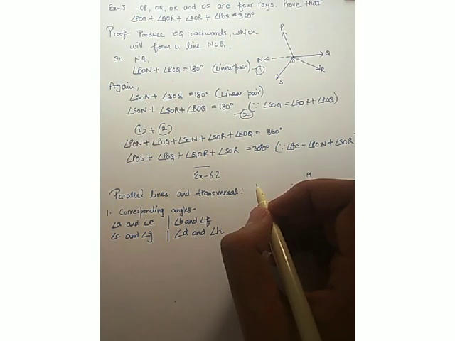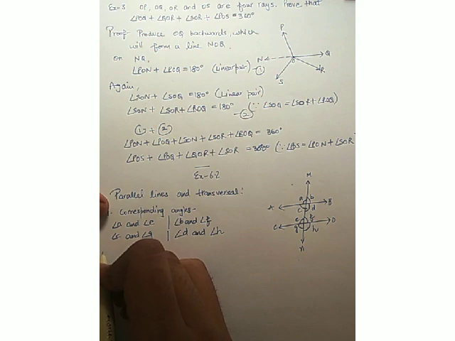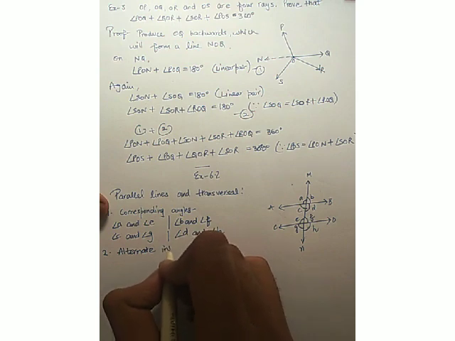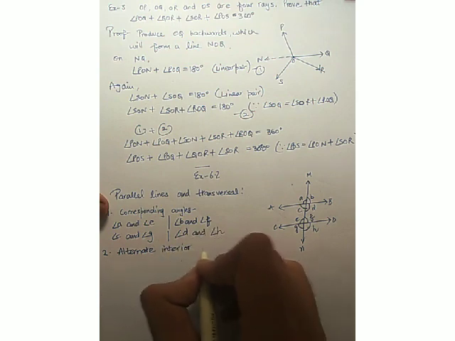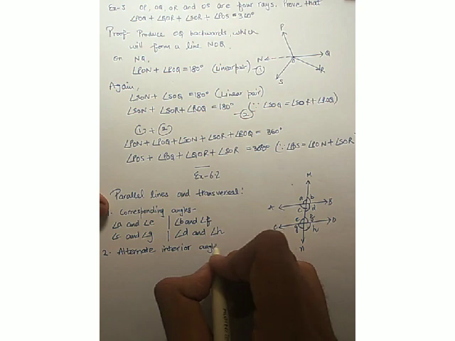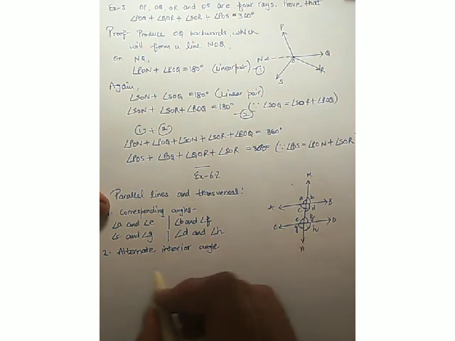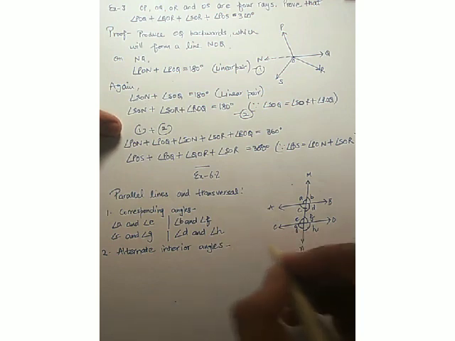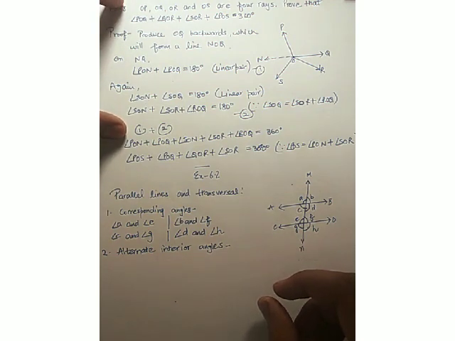Alright. Our next kind of angle is alternate interior angles. Now there are two kinds of alternate angles, which is very vivid from the first type, that is alternate interior angles. So there will be alternate exterior angles as well. So which are alternate interior angles?